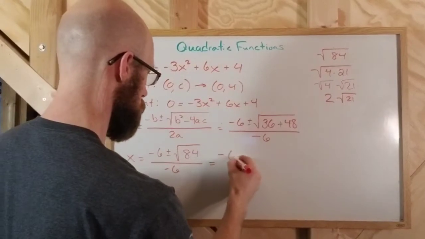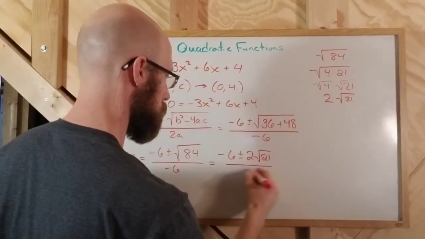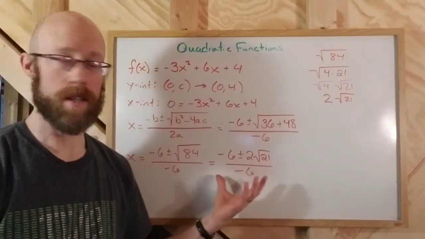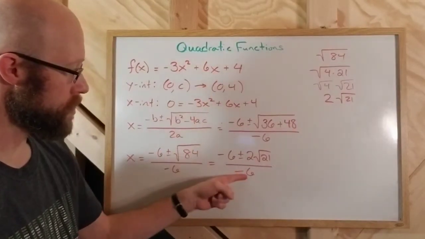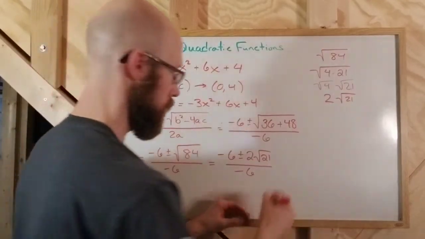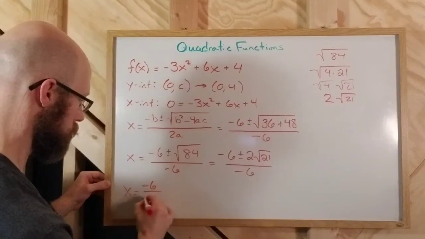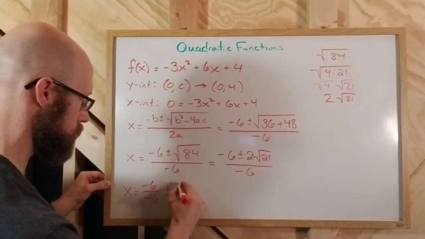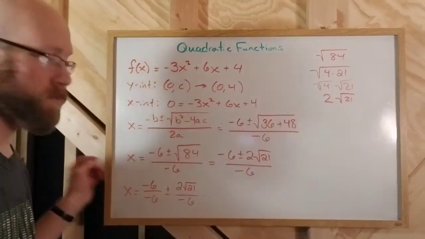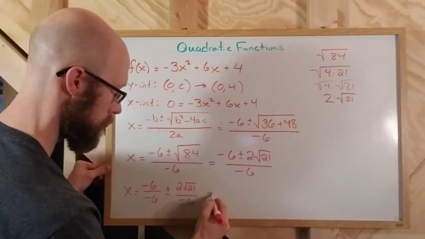So I'd have negative 6 plus or minus 2 root 21, all over negative 6. Now this is still a bit messy. What I might do here is split the fraction up between the two terms and write this as negative 6 over negative 6 plus or minus 2 root 21 over negative 6. So I've just split the negative 6 between the two terms on top. That's the distributive property.